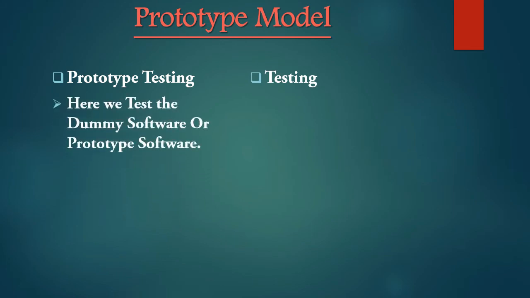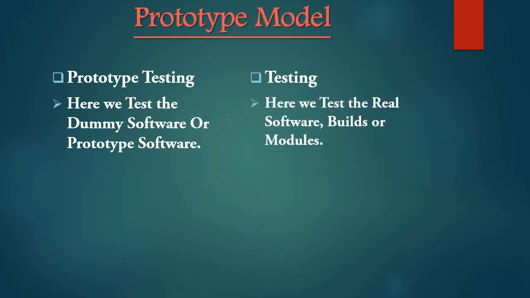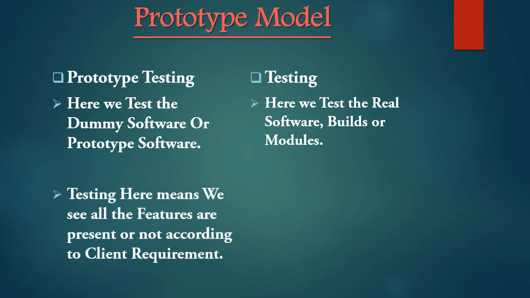So what is the difference between prototype testing and testing? Let us understand the actual difference. The first difference is, in prototype testing we test the dummy software or prototype software, and in testing we test the real software, builds or modules.